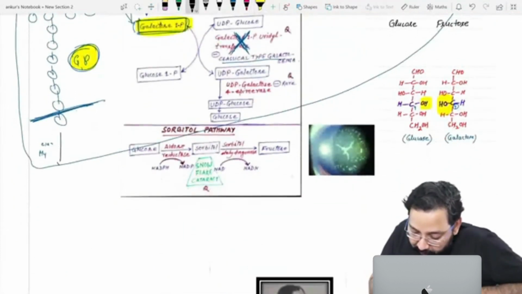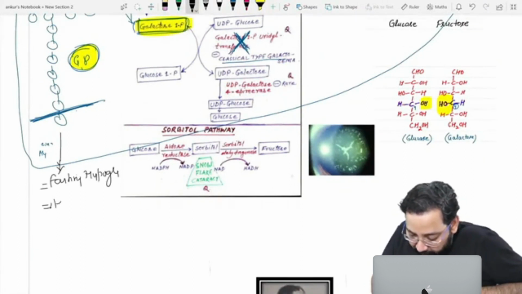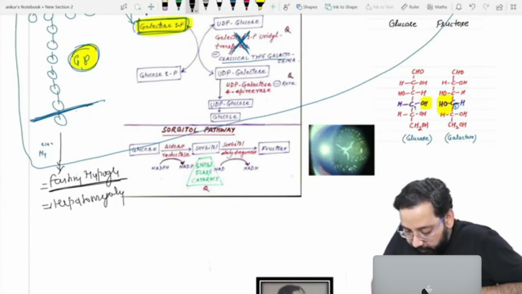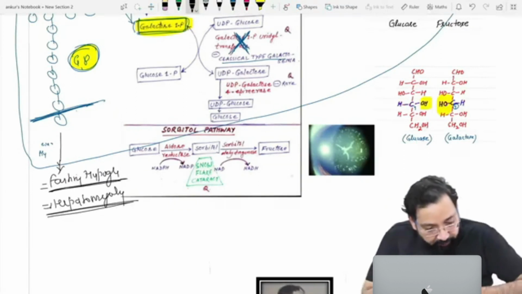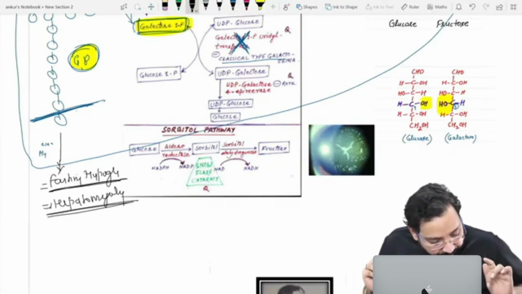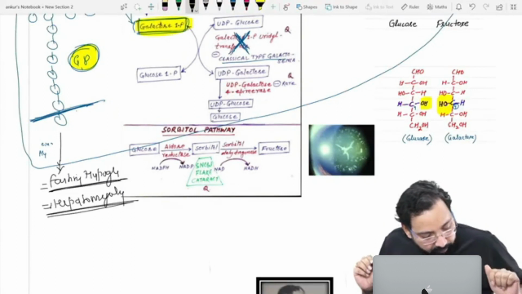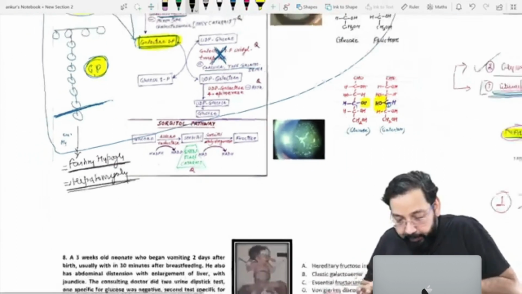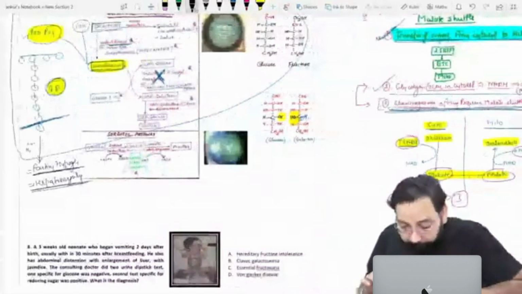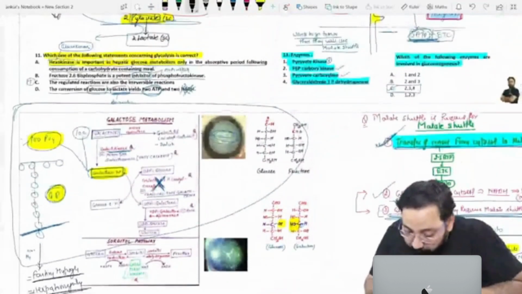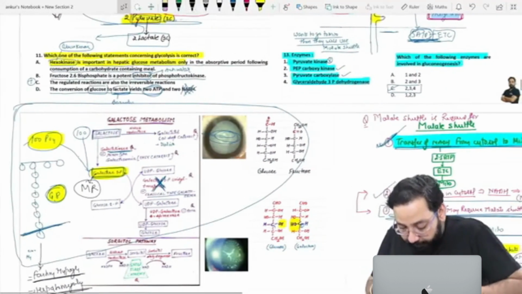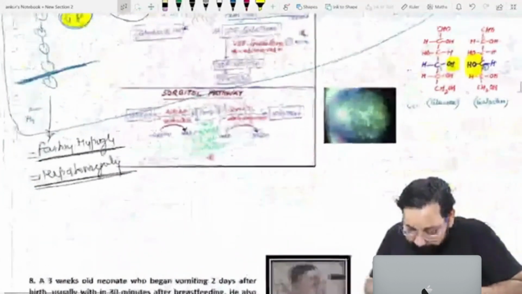So fasting hypoglycemia, hepatomegaly. Fasting, hypoglycemia, hepatomegaly. Did you get this, Amal? Yes. Now, this galactose 1 phosphate accumulates in brain, mental retardation.